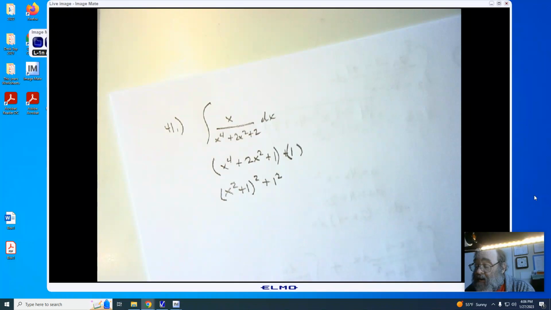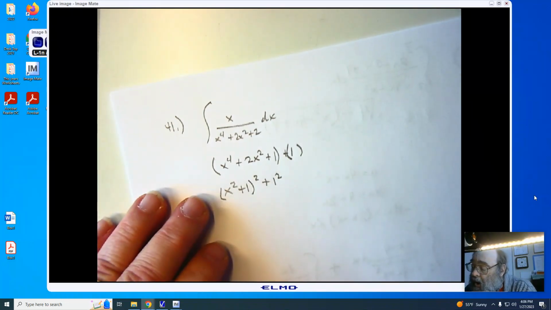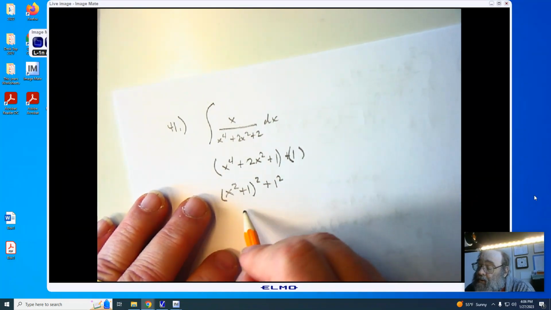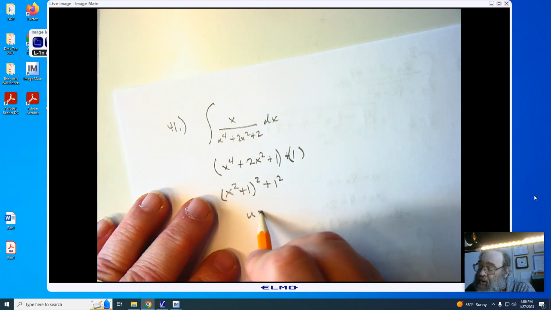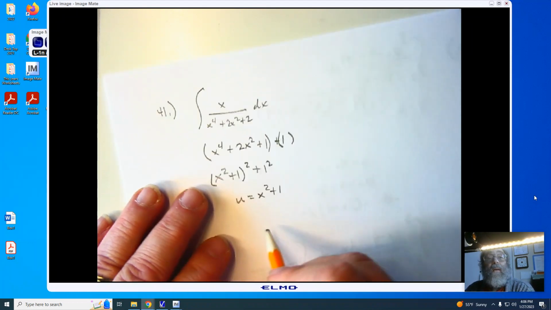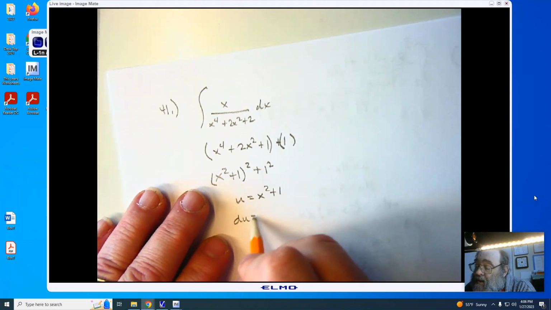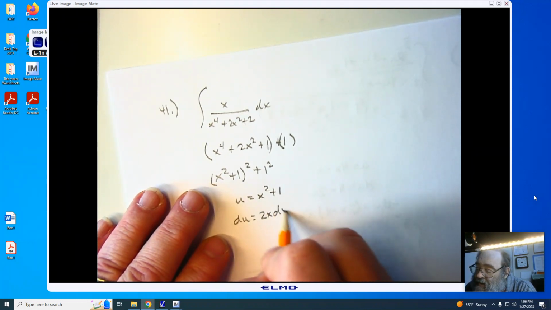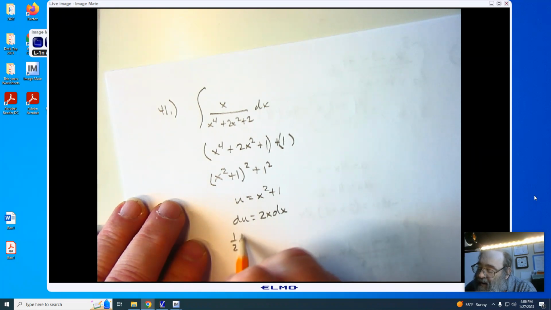This is an arc tangent. If I so choose to use a u sub, let's just make sure we see it. If u equals x squared plus 1, then du is going to be 2x dx, and that means I'm going to have a 1/2 du equaling the x dx.